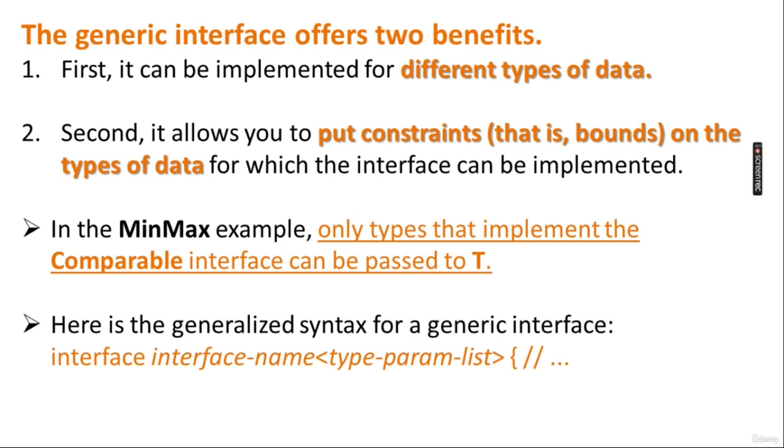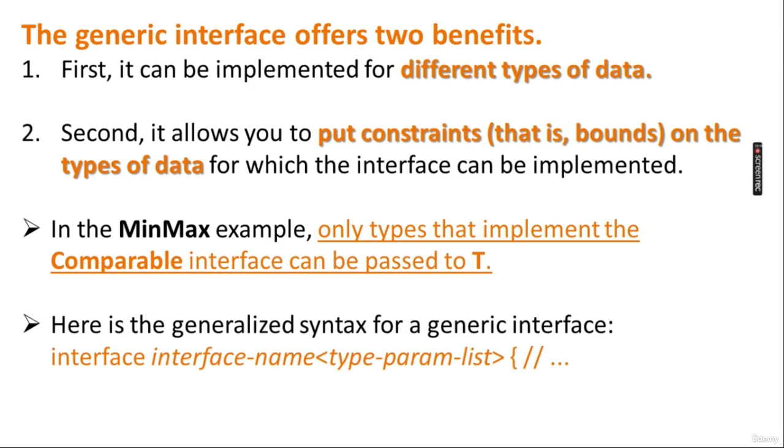Okay, so if your data is for numbers, the upper bound should be class Number, like this. In the MinMax example, only types that implement the Comparable interface can be passed to T. Okay, only types that implement the Comparable interface can be passed to type T.